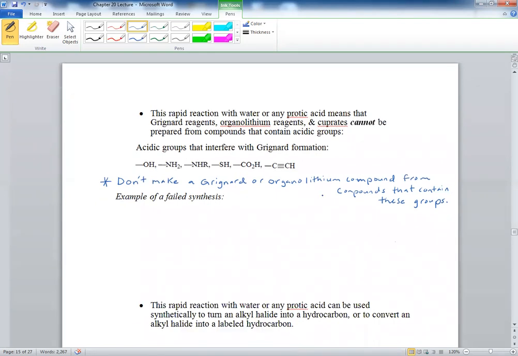So write down this statement, and then let's show you an example.